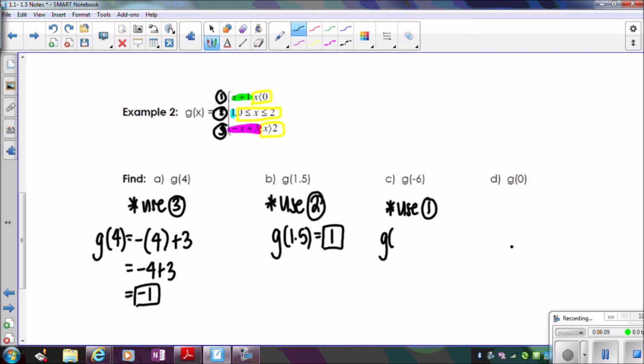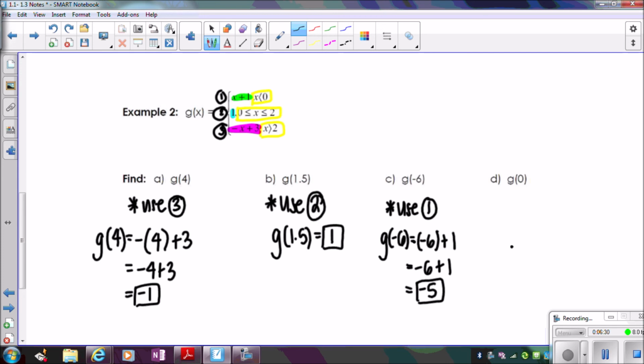So g of negative 6 equals, we write our template: parentheses plus 1. Insert our input, negative 6 plus 1 gives me negative 5.